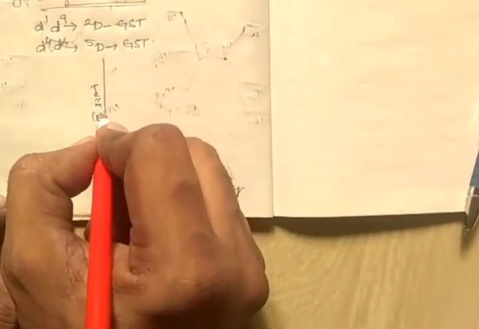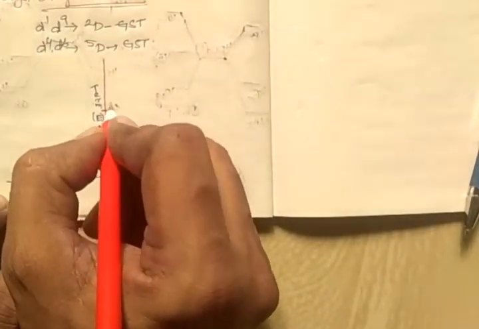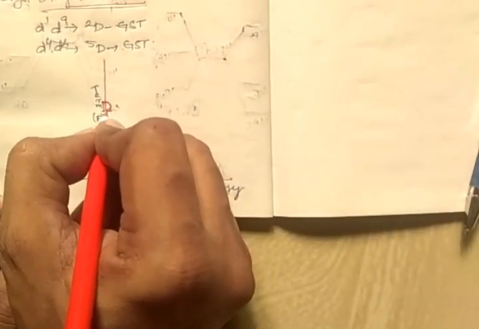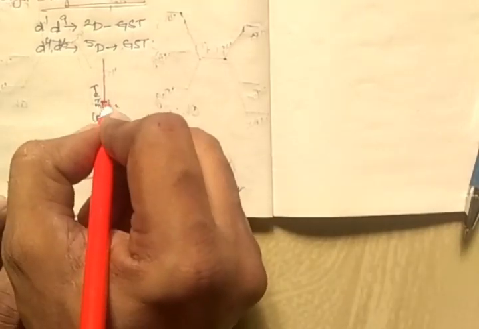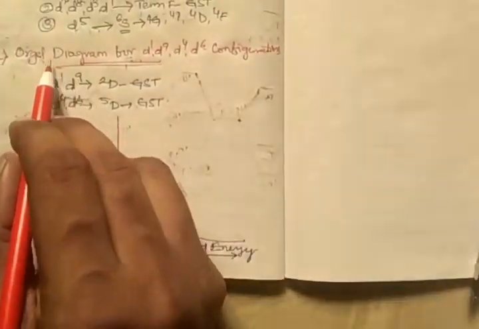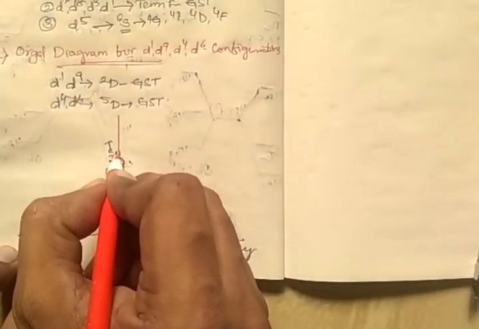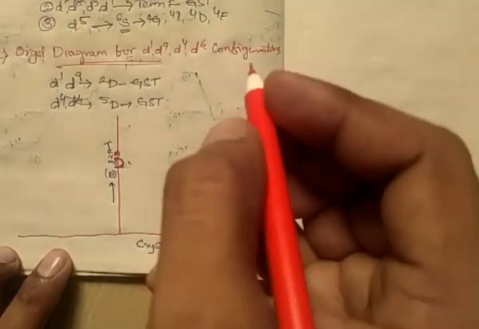And there, in the middle, he considered the D term. In explaining this particular group, he considered this nD term.